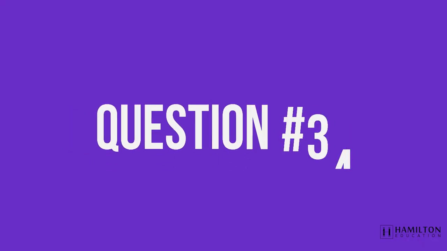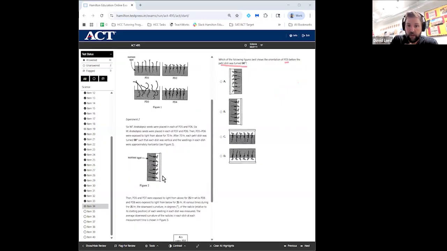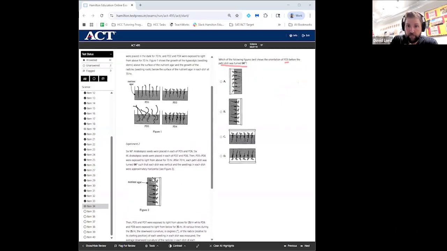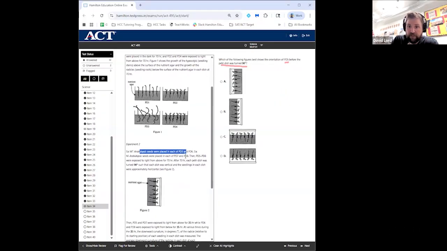All right, question number 34. Which of the following figures best shows the orientation of PD5 before it was rotated 90 degrees? PD5 is scrolling down a little bit further. Right here, looking in the current 2, it had placed it in there, and it mentions that they were turned 90 degrees.